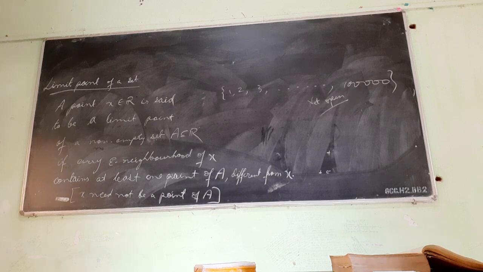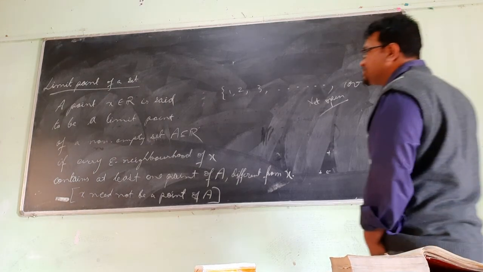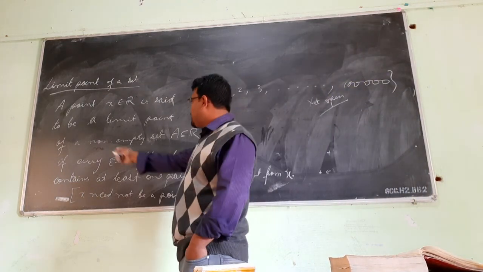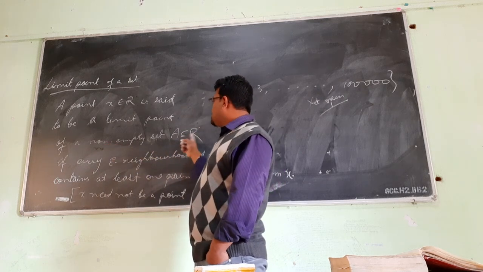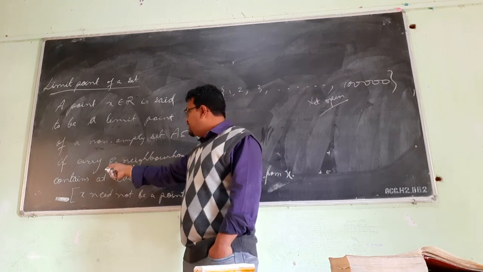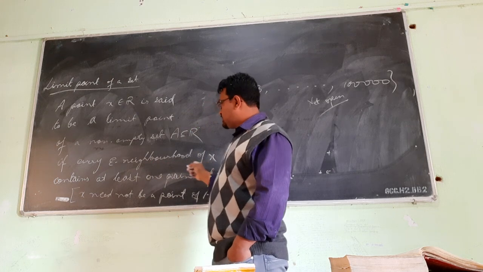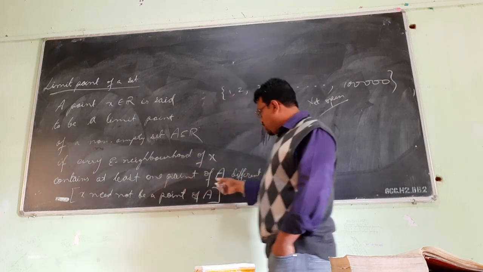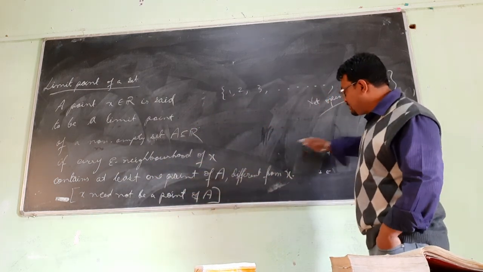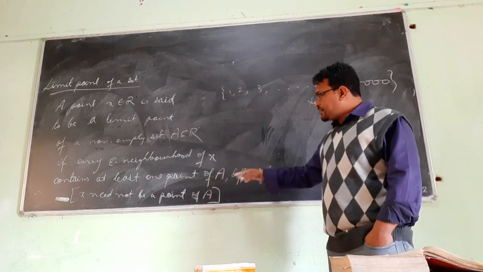So a point x in R is said to be a limit point of a non-empty set capital A, subset of R, if every epsilon neighborhood of x contains at least one point of A different from x. It may happen that x is inside A also.